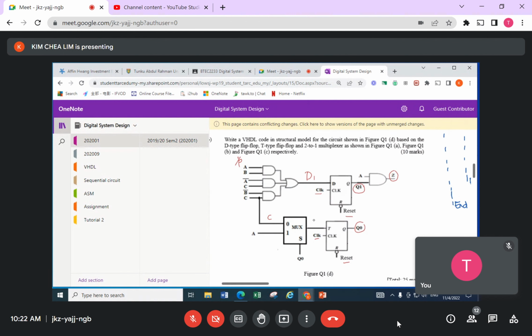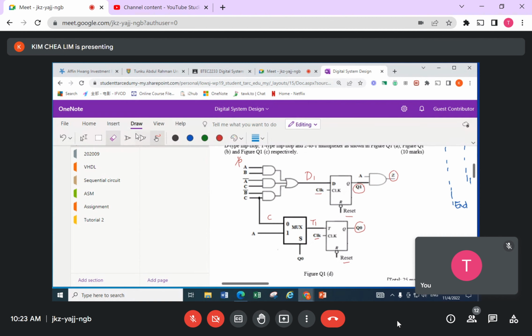You want to call this one T1, for example, like in the descriptions put down earlier, D1, T1. This Q1, Q0, I will assign for you. Don't change it, you're going to confuse yourself if you change it. Give too many unnecessary variables. All right, so we add in the D1, T1.